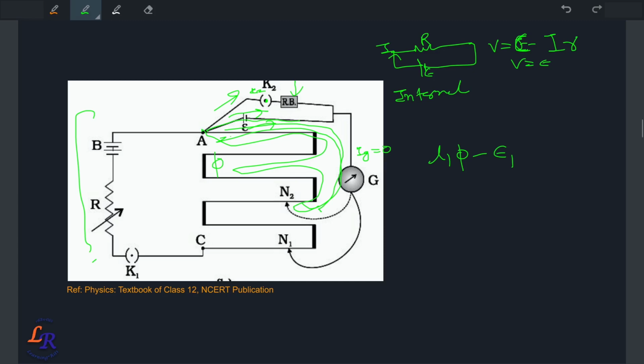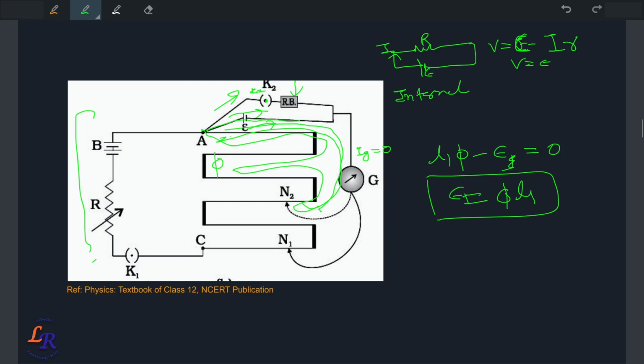It will be minus epsilon, because the current here is entering at the positive and going out from the negative, right? And in this case there is no resistor, so it would be equal to 0. So epsilon, there is no 2 here, so I can just take epsilon. So epsilon is equal to phi L1, right? So this is one equation.